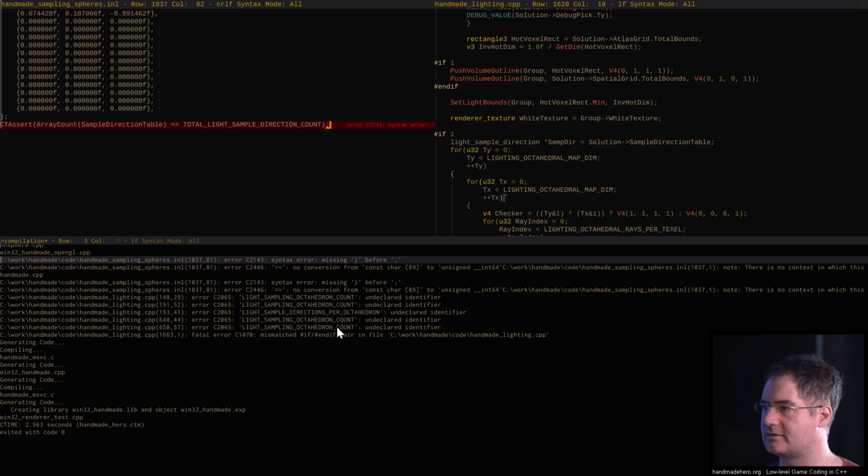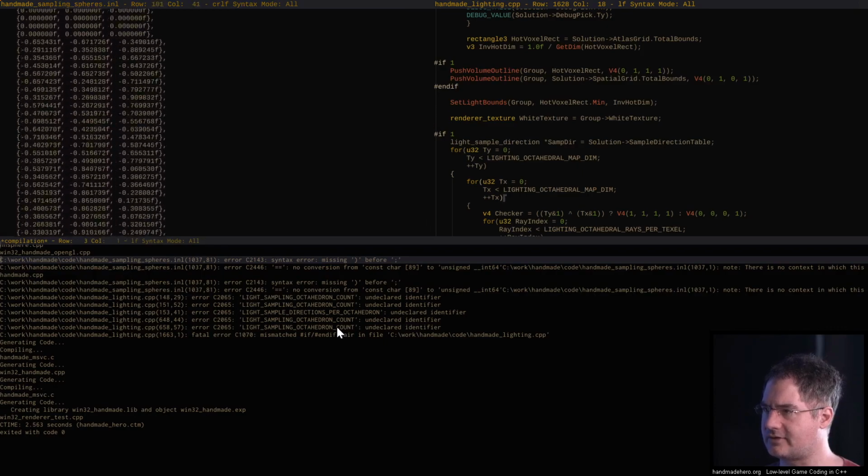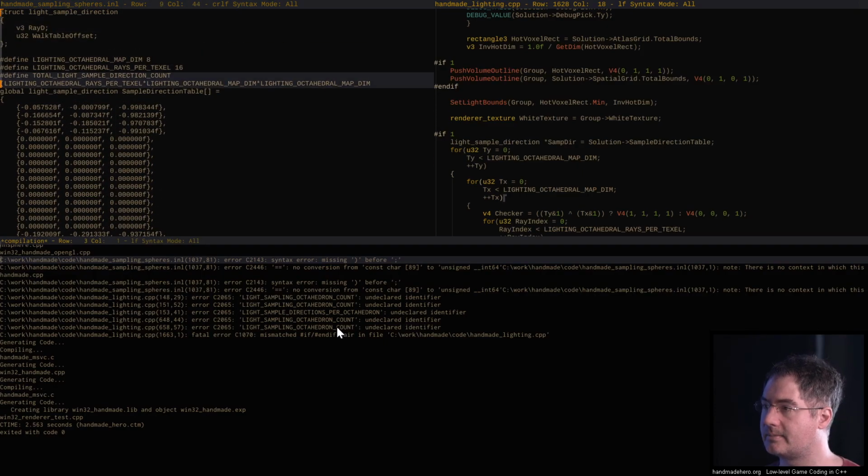It's just saying that it's missing a parenthesis before the semicolon. Is that the total light? Did I print this out wrong, this number? Oh, yeah. Why is that word wrapping? I guess because this is an INL file.